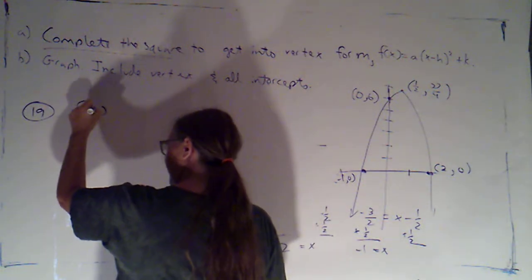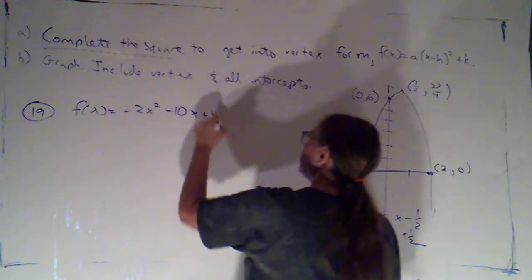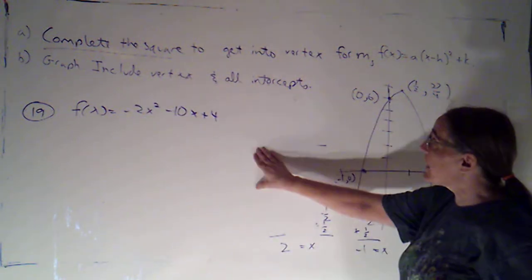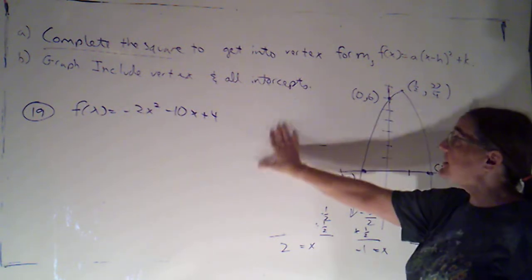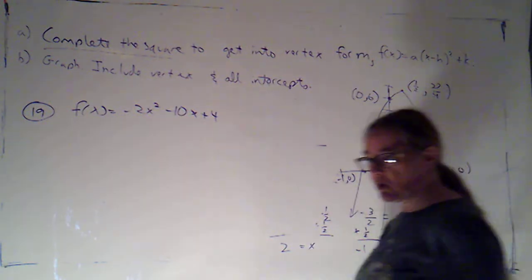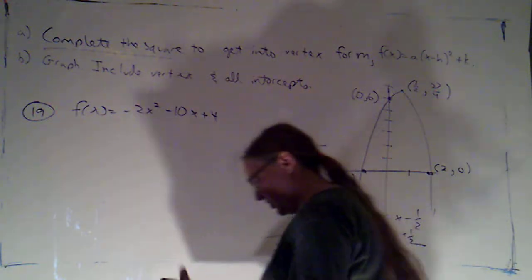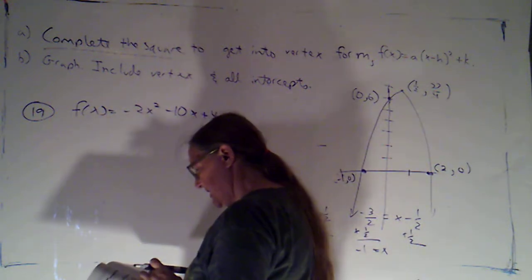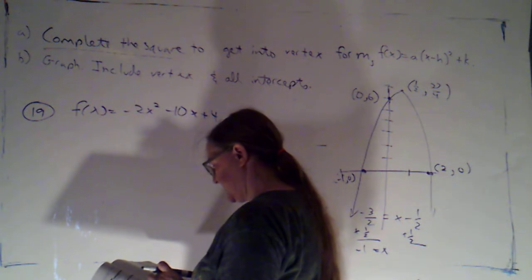You're looking at f(x) equals negative 2x squared minus 10x plus 4. Same directions: complete the square to get it in vertex form, graph it including the vertex and all of the intercepts. And then the homework asks for a couple of additional things. So let me make sure I give you all of the directions. Write it in vertex form, identify the vertex and the intercepts, sketch it.